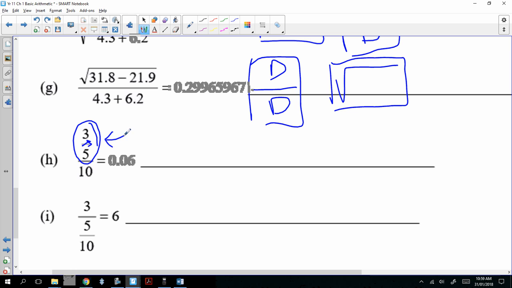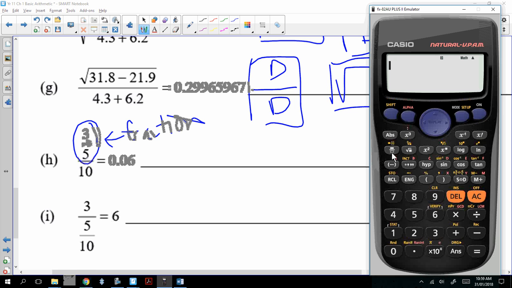You can tell by looking at it. So what I'm going to do is, you first type the fraction, see the cursor is on the top, you press the fraction key again so you can write 3 over 5 as the numerator, and then write 10 as the denominator. So you should get 3 over 50, which is 0.06. Right?